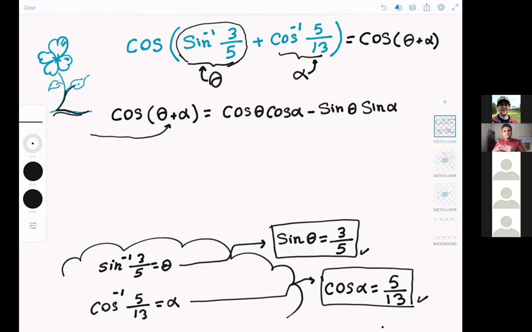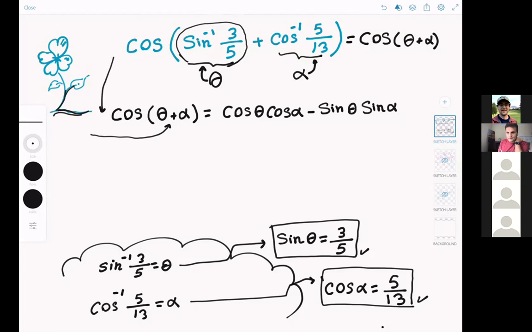If you add them and find the cosine, you're done. But it is not exact. This is the way to solve for the exact value. That was your question, Joshua? Yeah, it was. So I know you see the inverse button in your calculator, but that doesn't give you exact. You're looking for exact.